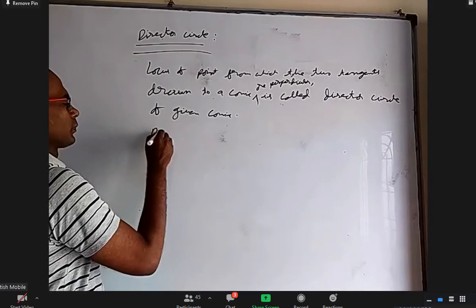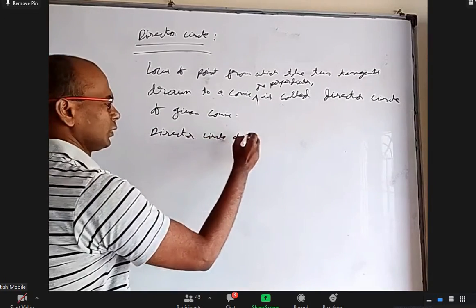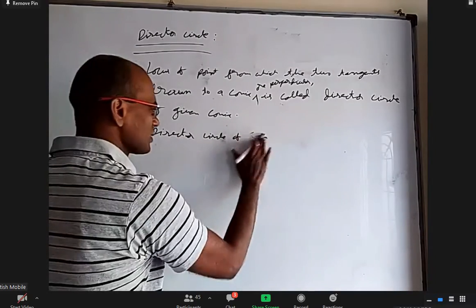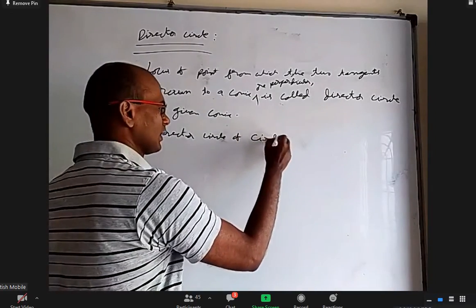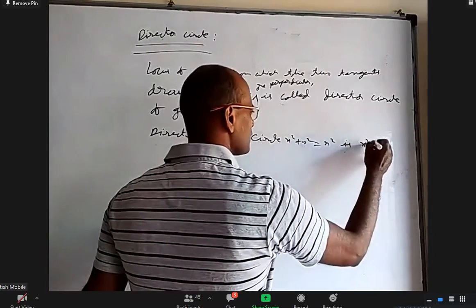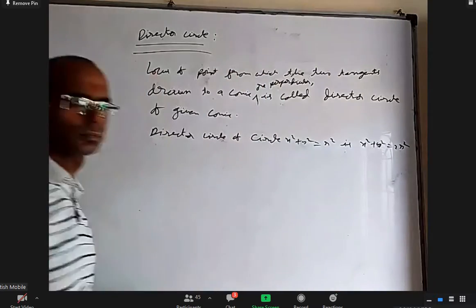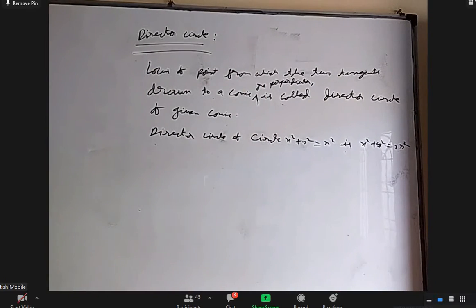Okay, now the director circle of the circle x square plus y square equals r square is x square plus y square equals 2r square.